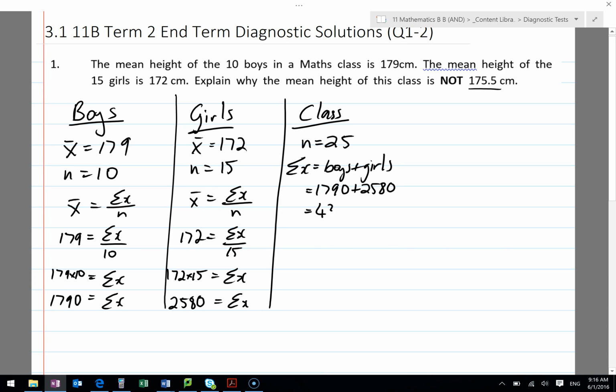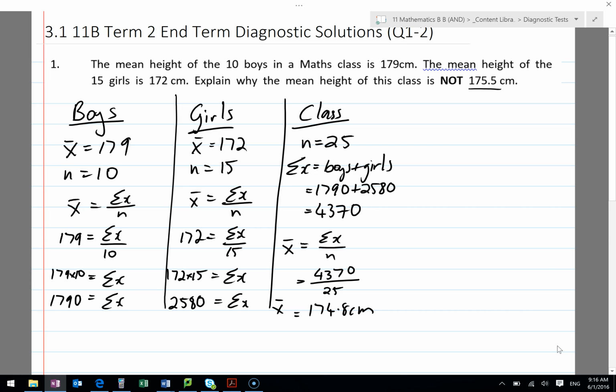So 4,370. So to find the average height of the total class, I can use my formula. And I get 174.8 centimeters as the mean height of the total class.